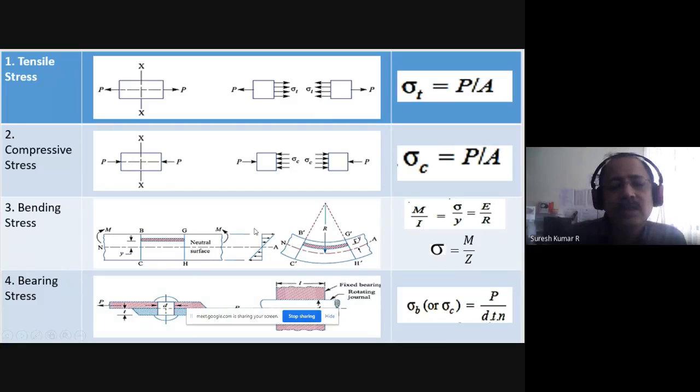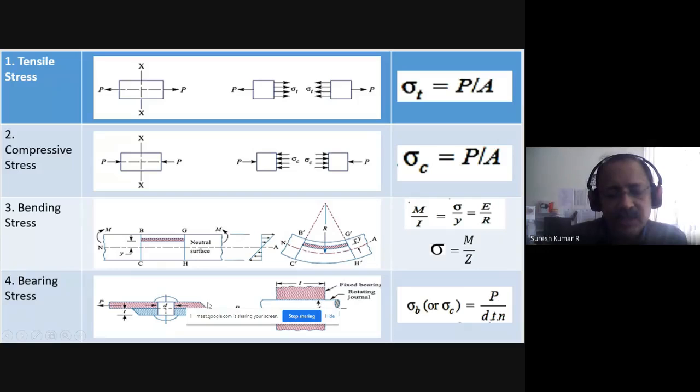Then, when a member is subjected to bending, the stress induced is called bending stress, and this bending stress is obtained by applying the bending equation: M by I is equal to sigma by Y is equal to E by R. We all know that sigma is equal to M by Z. Then bearing stress: you can see here, the journal is bearing with the bearing surface.